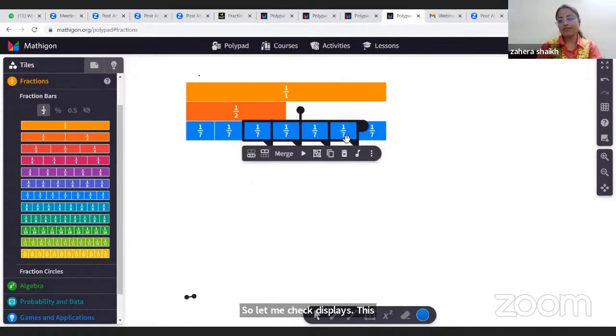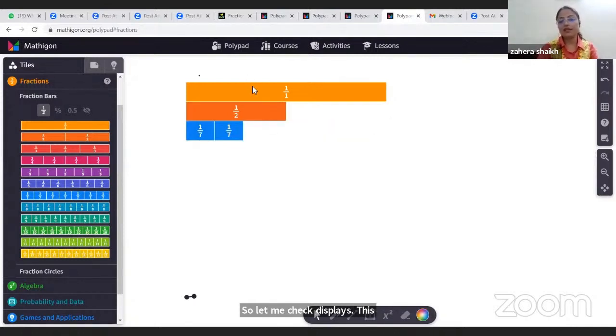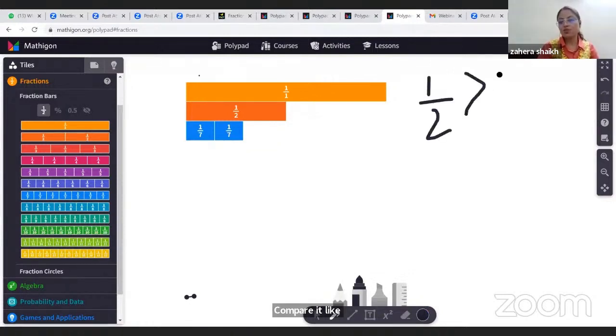See, it's quite clear by this visualization that half is already exceeding, and 2 tiles of 1/7, 2/7, is just behind this half. So I can write it, compare it like this, right? Half is greater than 2/7.